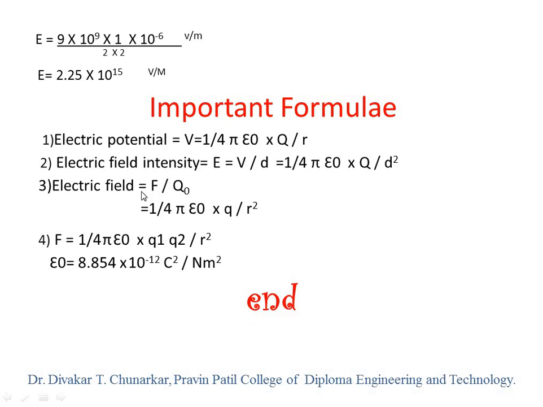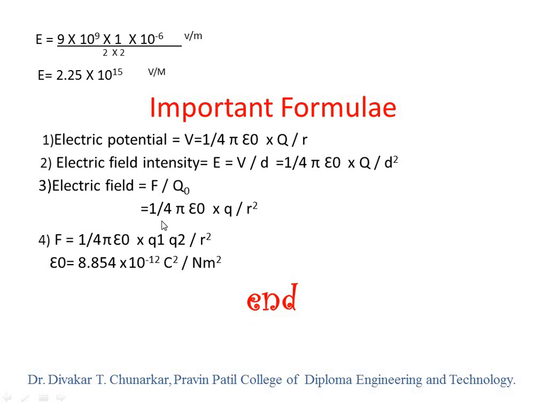Then electric field is F upon Q0. So this is the formula for electric field. But again, the second formula is 1 upon 4 pi epsilon 0 into Q upon R square. This formula depends on what is given in your numerical problem.